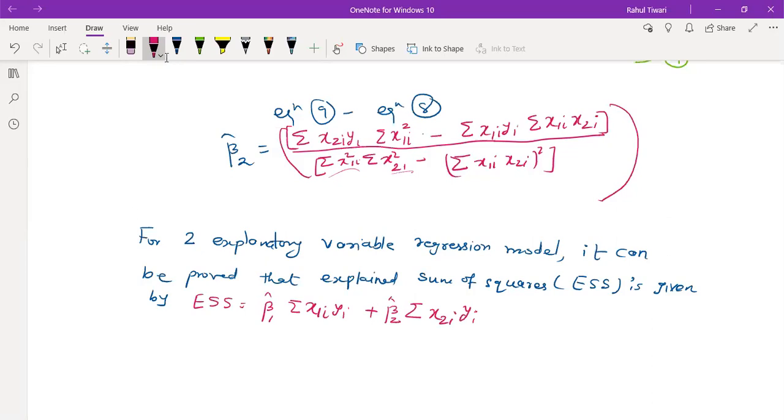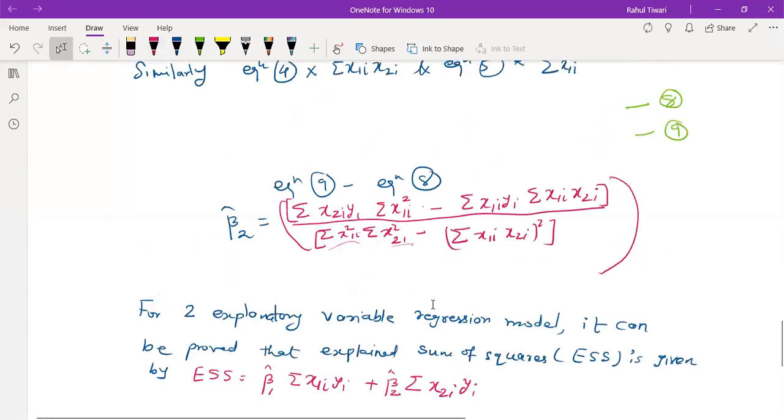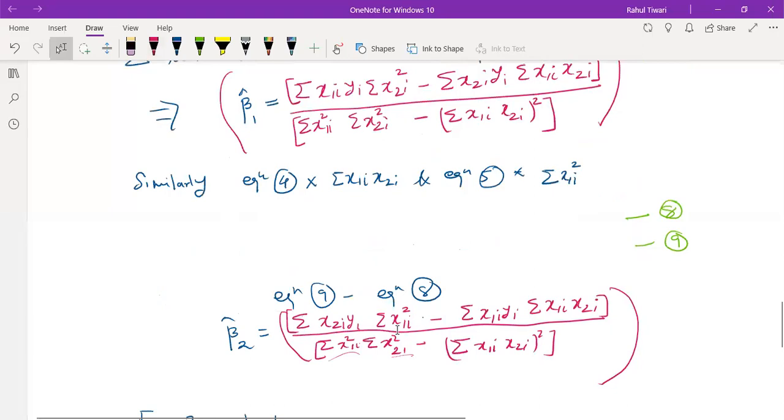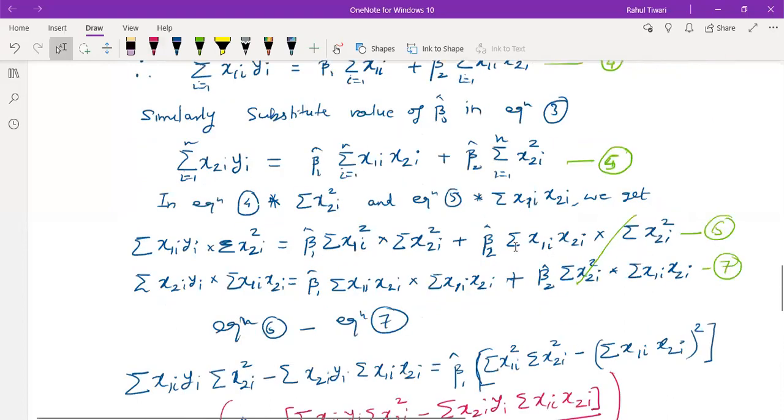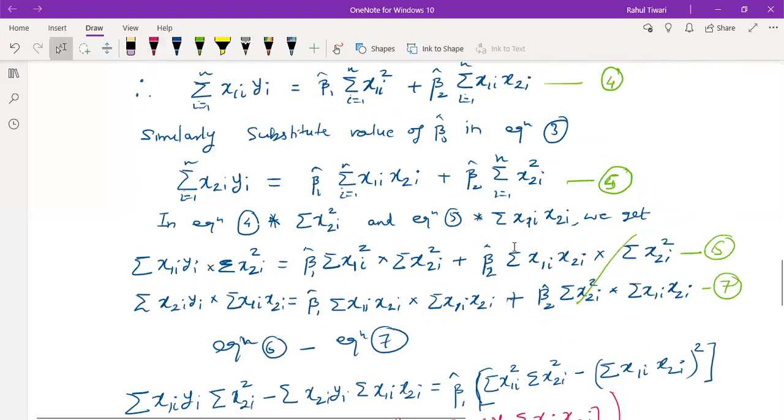So I think this expression we have found somewhere.